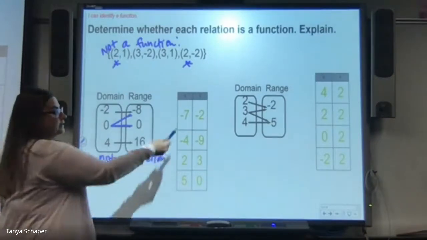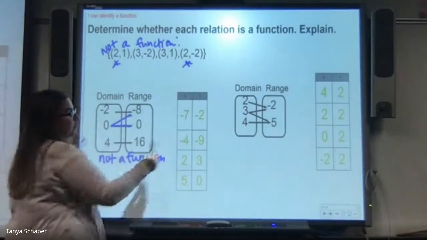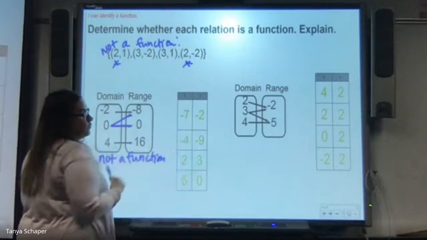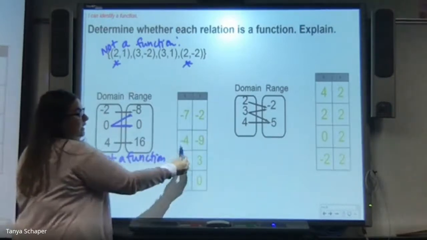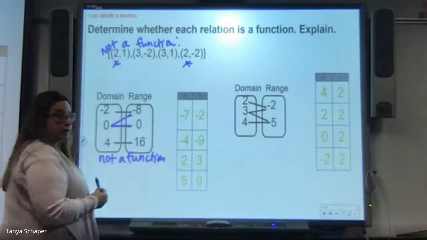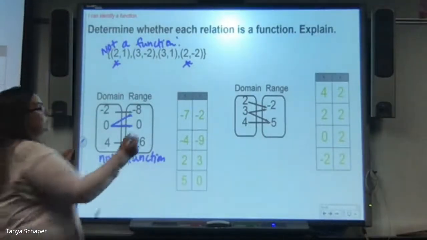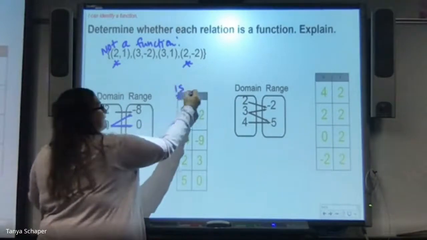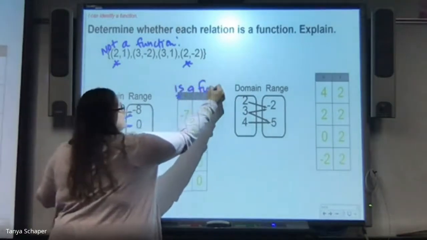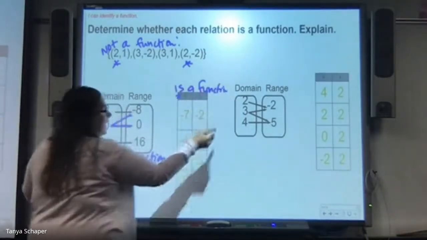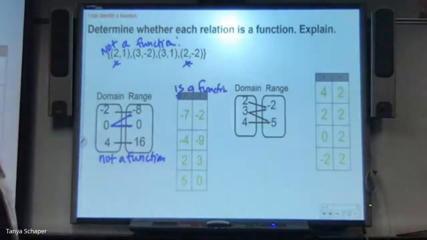When I look at this t-table, -7 has one output. -4 has one output. 2 has one output, and so does 5. So this one is a function because each input has one output.